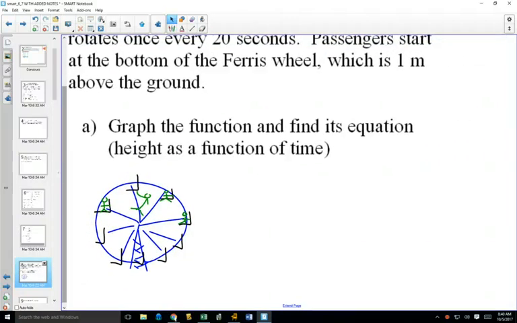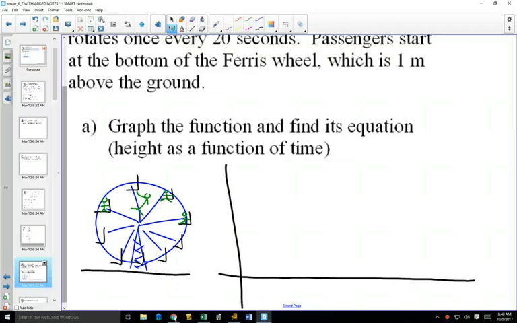Okay. So what we need to do is take this situation. Here's the ground level right here. Does it make sense to graph height along your y-axis and time along your x-axis?